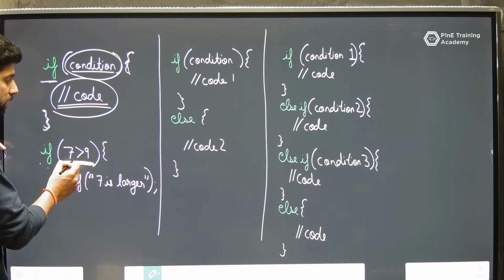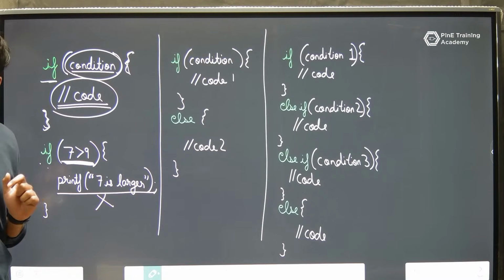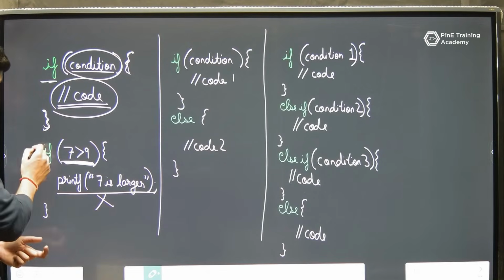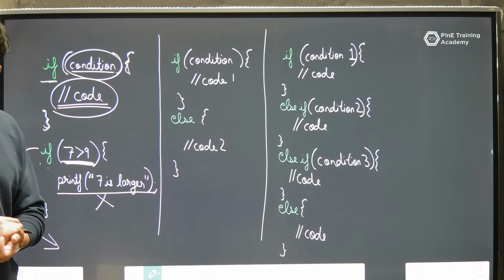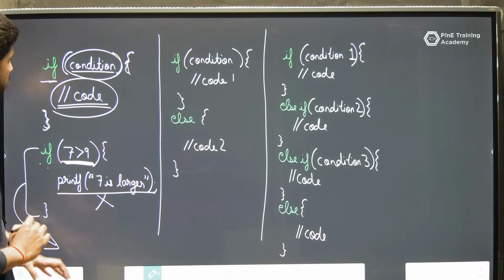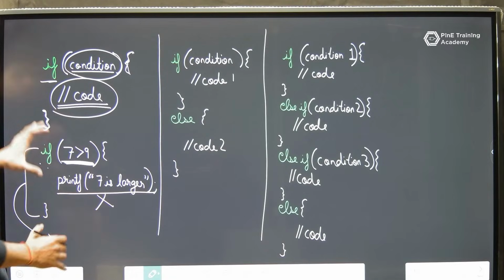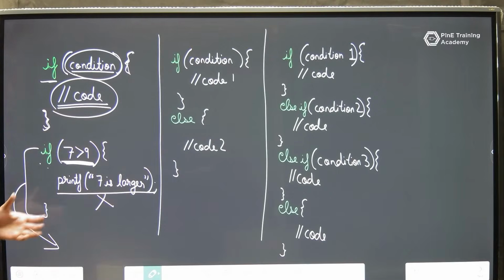Since this is false, this particular statement will not run. It will get skipped and we will move ahead. So this is how a single if works. You can write a simple if with any condition and a statement. If the condition is true, the statement will get executed. If the condition is false, we will skip it.